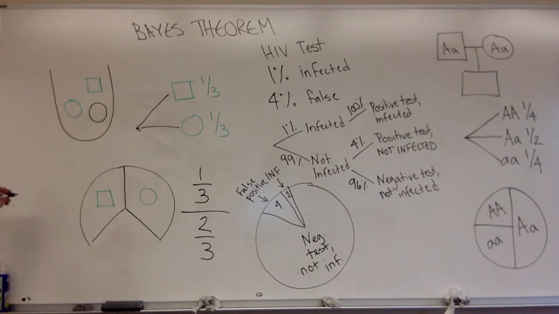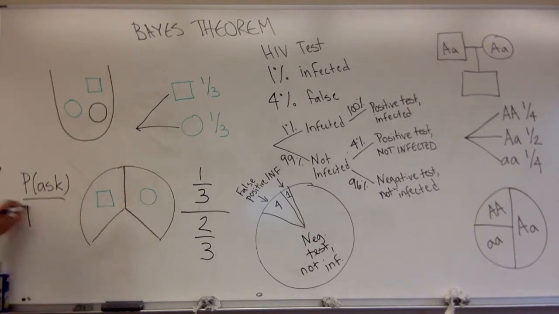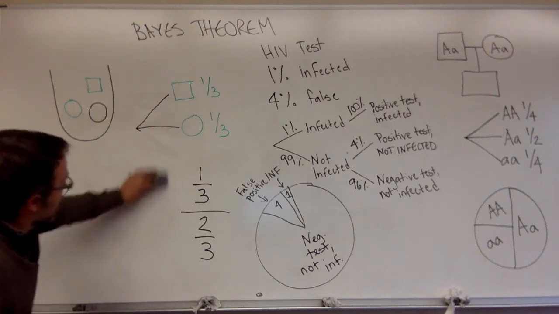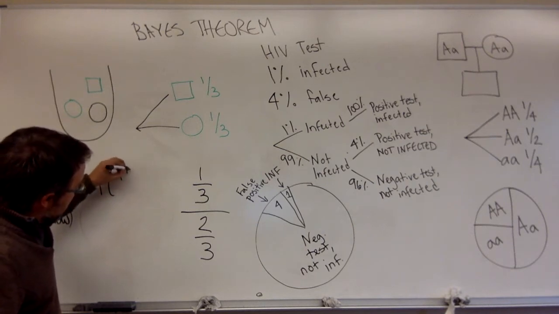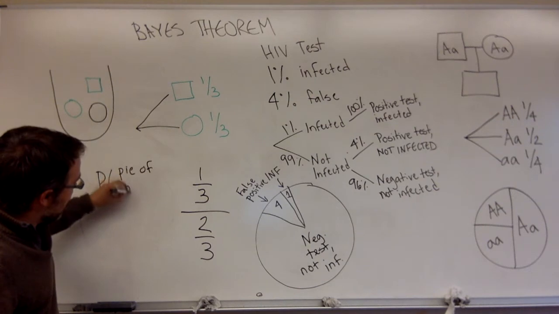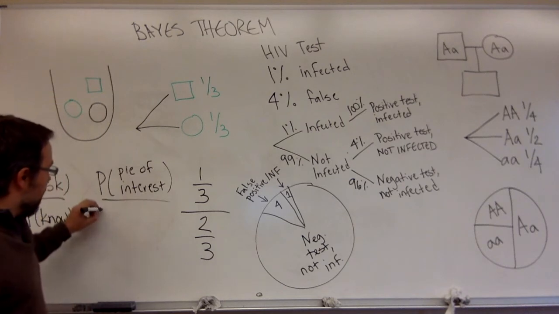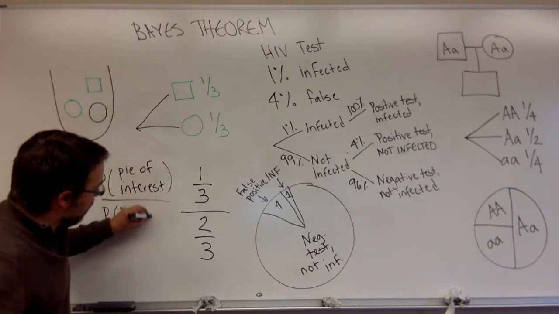So what we're doing here is taking the probability of what we're asking, because I'm asking you, is it round? The probability of what we're asking divided by the probability of what we know, that we know it's green. Or another way to say that would be that we're taking the probability of our pie of interest, the pieces of our pie that are consistent with our question, divided by the size of our pie that remains after we get rid of what we know did not happen.